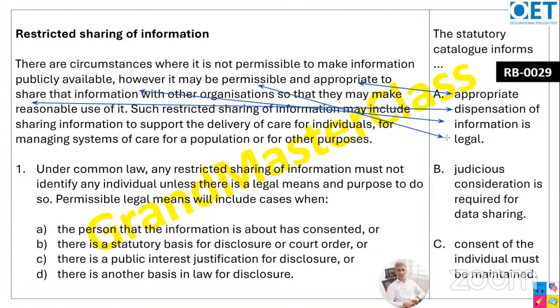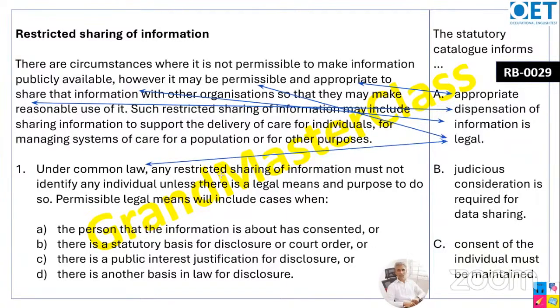Legal. Appropriate. Permissible and appropriate. Okay. That's what it is. So permissible means legal permission. Official. So now catalog. The statutory catalog informs. Now let us see here. Right. Permissible. Under common law. So legal.